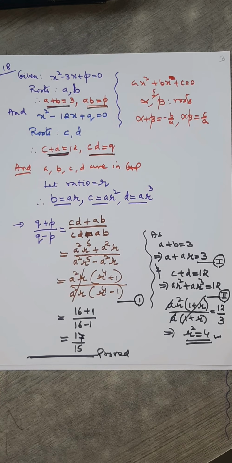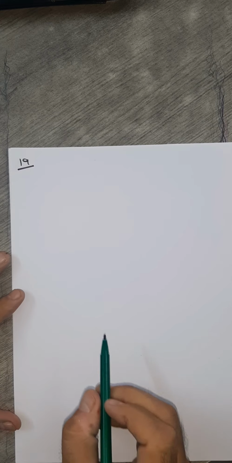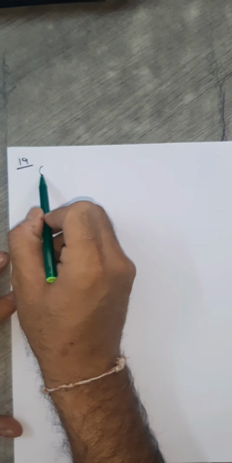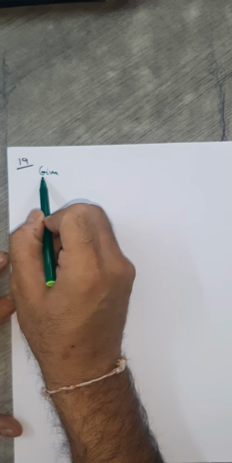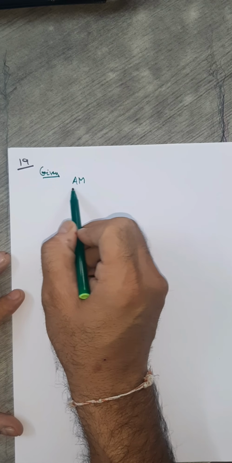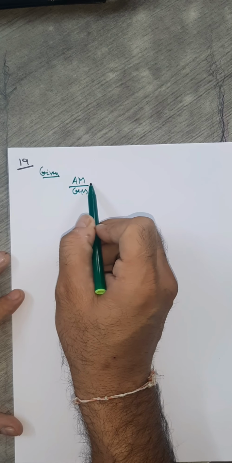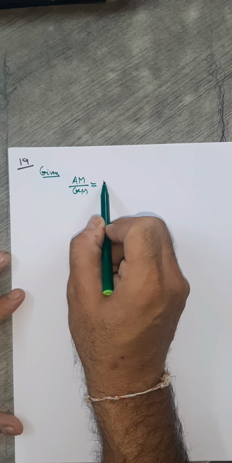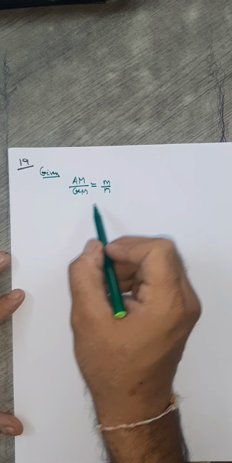Fine. Question number 19. You are given that the ratio of arithmetic mean and geometric mean of two positive numbers. Okay, so we are given that arithmetic mean upon geometric mean equals m by n.